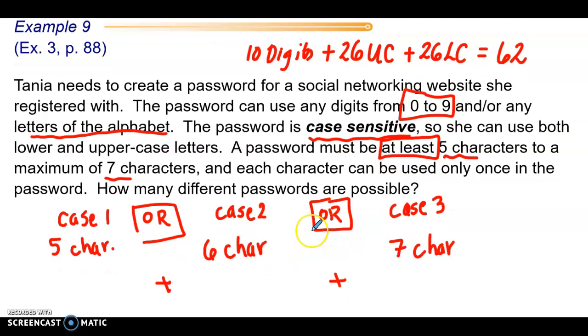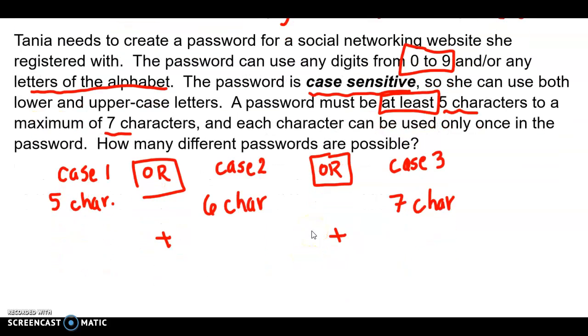Okay. So first of all, case 1, 5 characters. There are 62 characters to choose from. It is a password, so the order in which those characters are written does matter, so it's a permutation. There are 62 characters to choose from, and we want to pick 5 of them. If there are 6 characters, again, order does matter, it's a permutation.